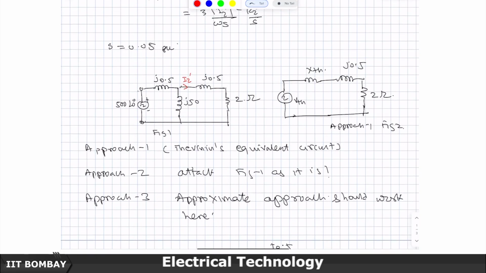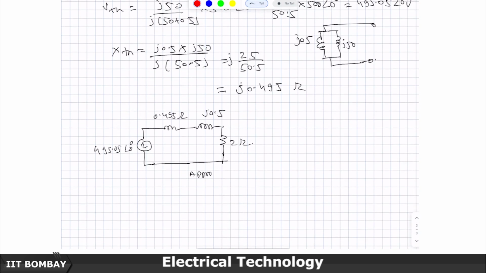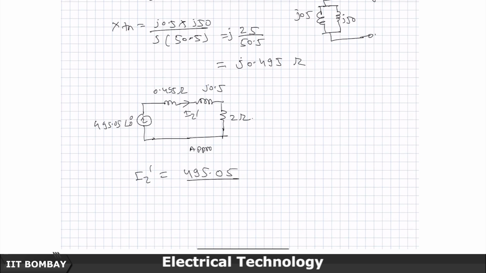What you are able to directly monitor is this I2 dash, which is all we want. So, we will directly know what this Thevenin's equivalent will supply is I2 dash here, and we can compute I2 dash as 495.05 divided by the sum of the two resistances. These two will go in series, I am sorry, this is not resistance, this is inductance.